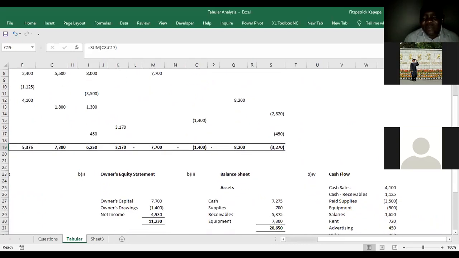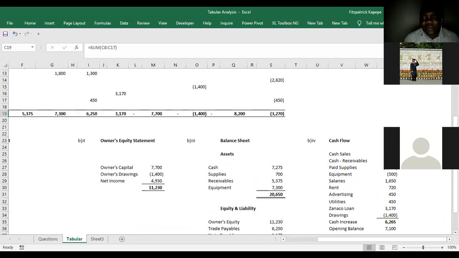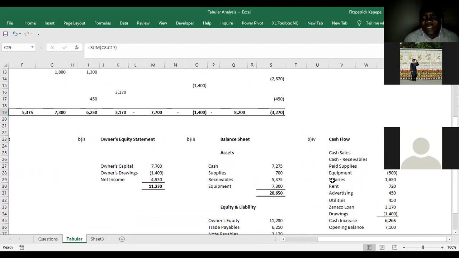Is a 4.1 positive? These salaries, Tamara, you couldn't even advise. Salary is a cash outflow. It's a negative. Rent we are spending is a negative. Advertising we are spending is a negative. Utilities we are spending is a negative. What else?